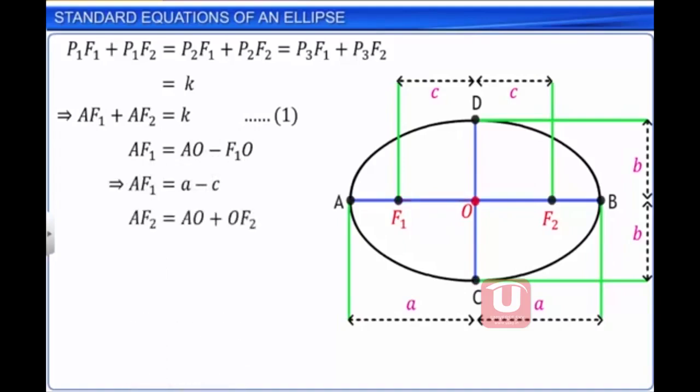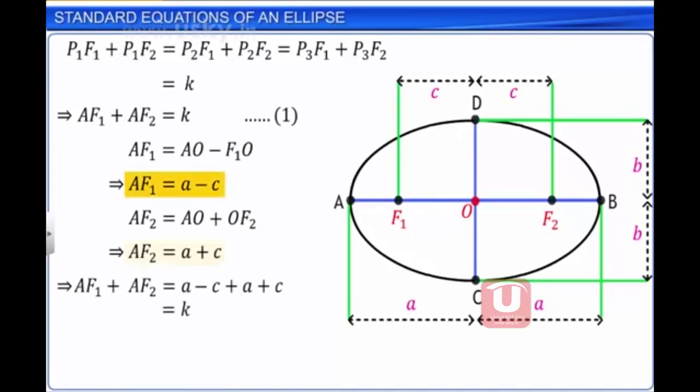AF2 is equal to AO plus OF2, or the length of the semi-major axis A plus distance C of the focus F2 from the center. Substituting the values of AF1 and AF2 in equation 1, we get K is equal to 2A.